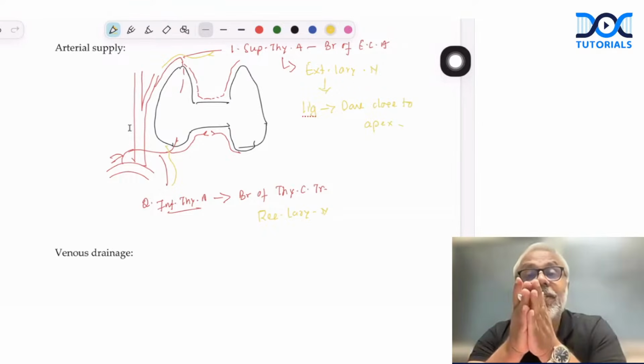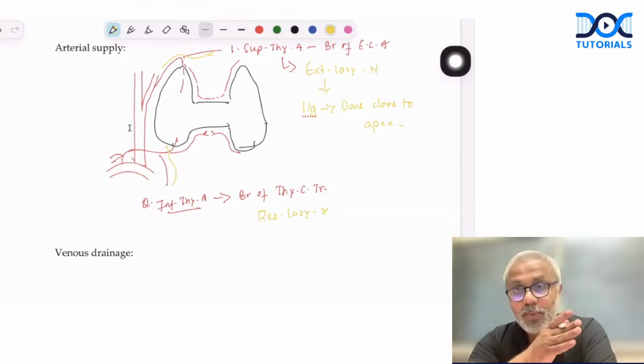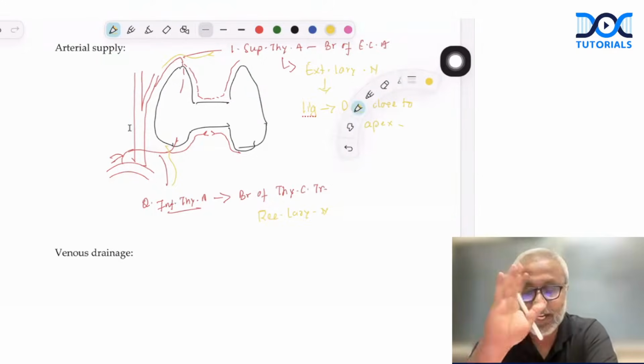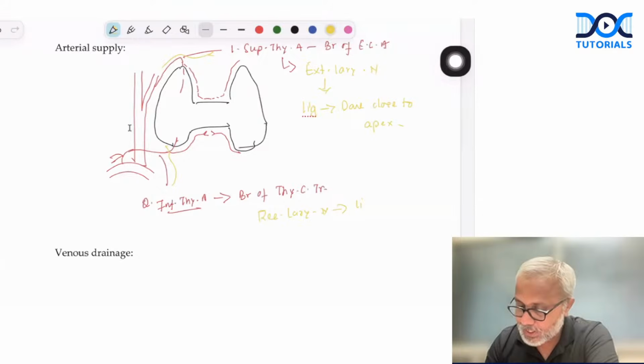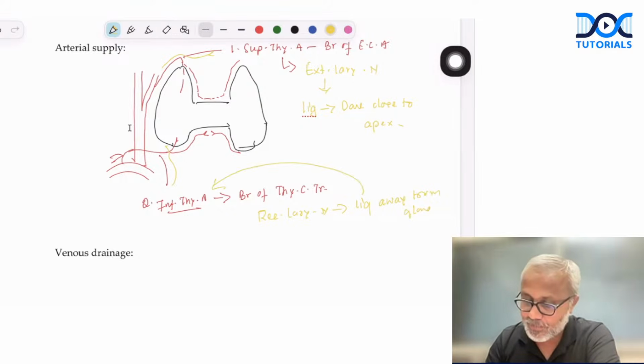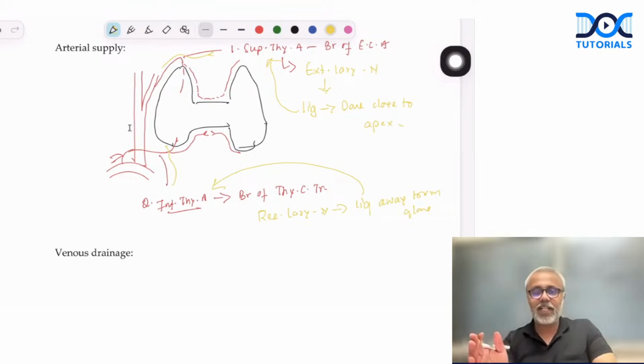Because this is the place where the superior thyroid artery and the external laryngeal nerve will diverge. Now, the inferior thyroid artery, remember, is ligated away from the gland, right? So, the inferior thyroid artery is ligated away. The superior thyroid artery is ligated close to the apex. This is in order to prevent injury to the external laryngeal nerve and the recurrent laryngeal nerve respectively.